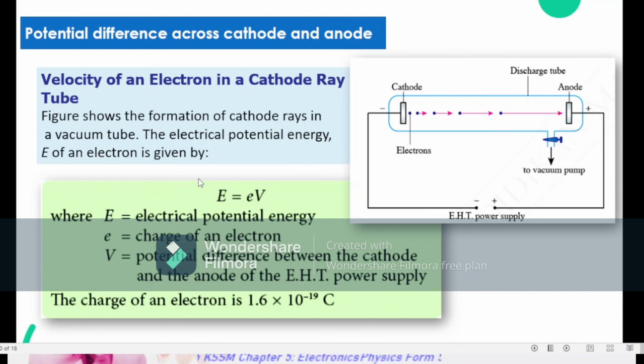Alright, let's look at the next part, potential difference across cathode and anode. We have discussed before, if the EHT power supply is off, there will be no potential difference between cathode and anode. Electrons that are released through thermionic emission just stay near the surface of the cathode here.